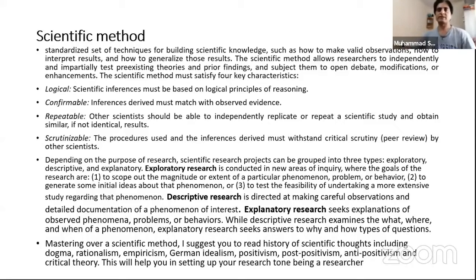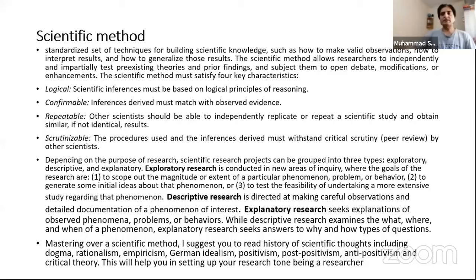And third one is repeatable. Other scientists should be able to independently replicate or repeat a scientific study and obtain similar, if not identical, results. And the last one is scrutinizable. The procedures used and the inferences derived must withstand critical scrutiny. Scrutiny means peer review by other scientists.